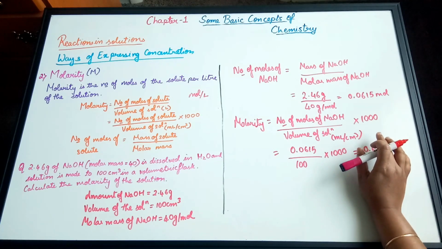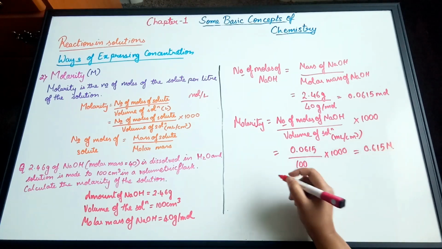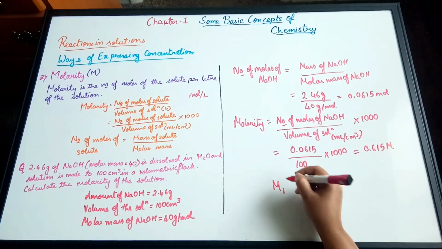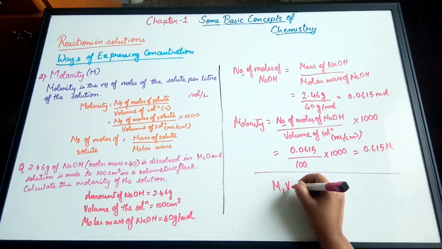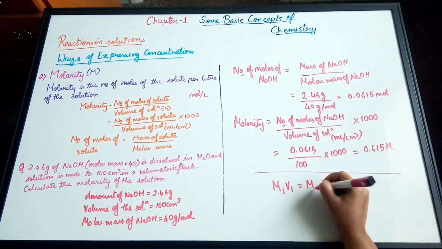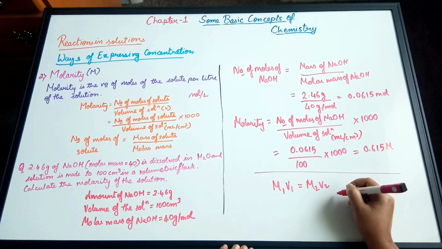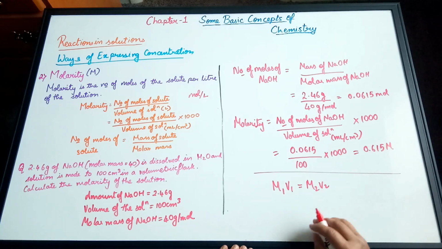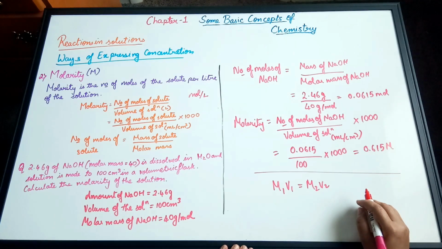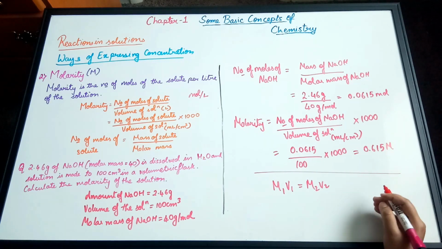There is one important thing called the molarity equation, which says M1V1 equals M2V2. Suppose a new solution is being formed over the course of addition of a substance or anything.